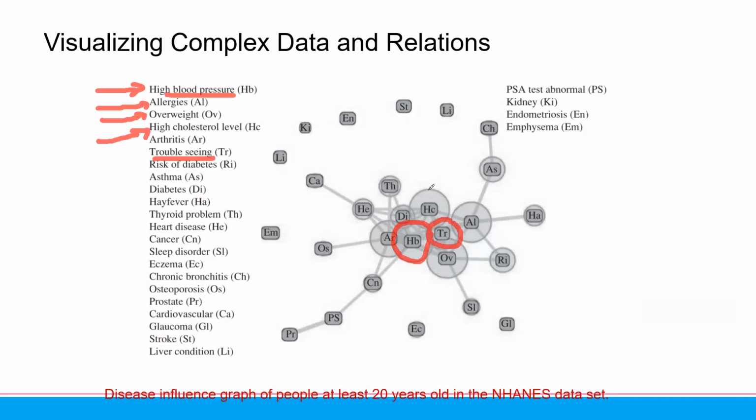And then HC. Okay, there is a relationship between the HB and the high cholesterol level. AR, arthritis, and so on. Okay. So with this graph, we can see the relationships between the diseases.